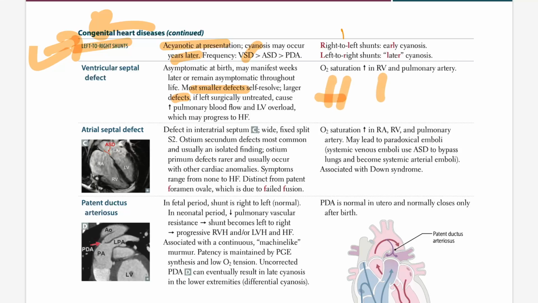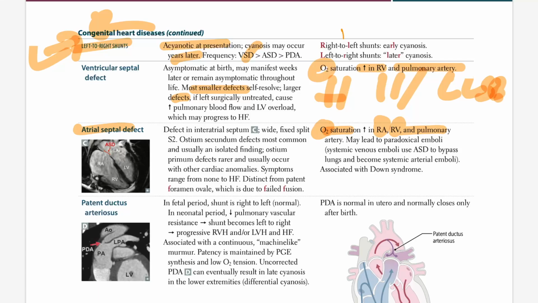Harsh holosystolic / pansystolic murmur, blowing murmur at left lower sternal border. Okay, high yield, you will increase O2 saturation, will be seen in right ventricle and the pulmonary arteries. In ASD, you will see O2 saturation increase in right atrium, right ventricle, and pulmonary arteries.